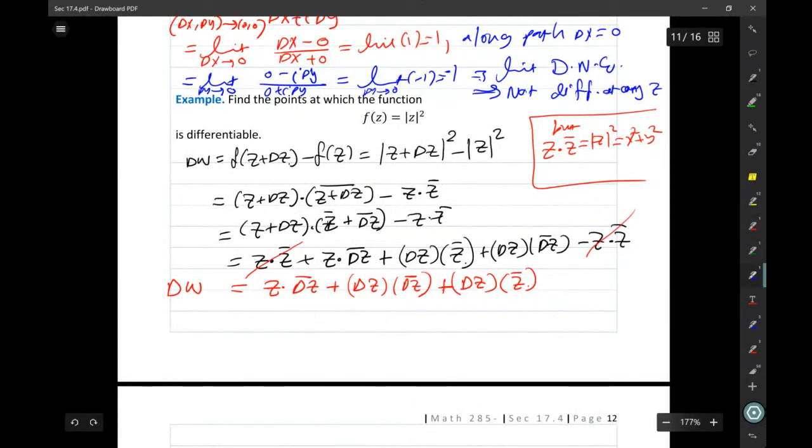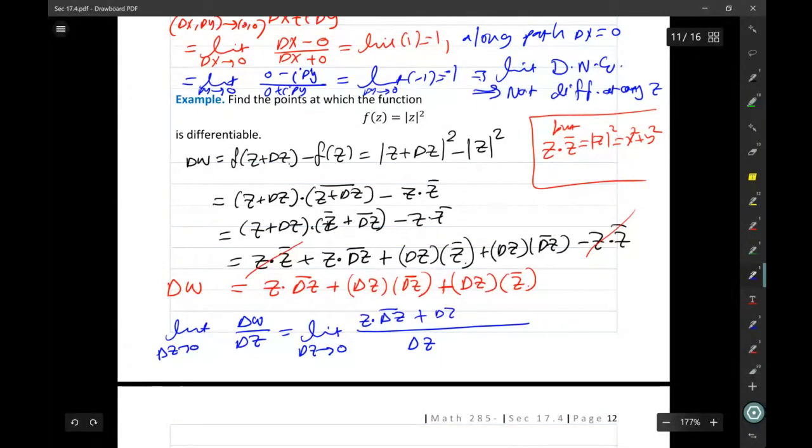Now delta w over delta z, where delta z approaches 0, is equal to the limit of this delta w, where delta z approaches 0: z delta z conjugate plus delta z times delta z conjugate plus delta z times z conjugate.